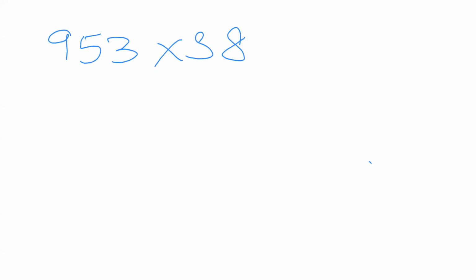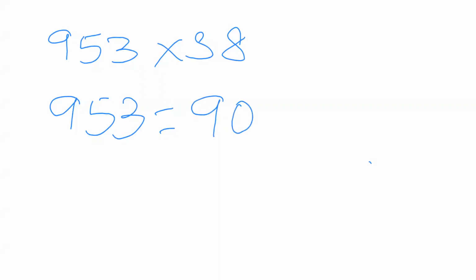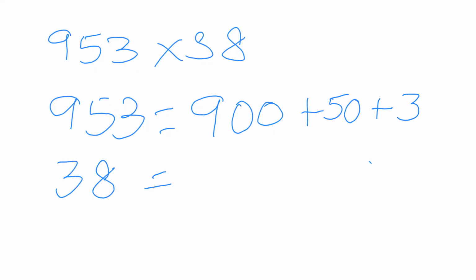Now using practice method, we are going to solve this problem. So first step, 953, the expanded form is 900 plus 50 plus 3. And 38 expanded form is 30 plus 8.